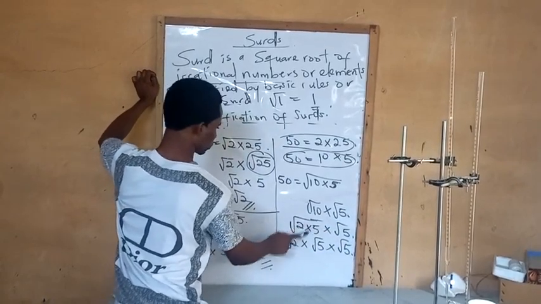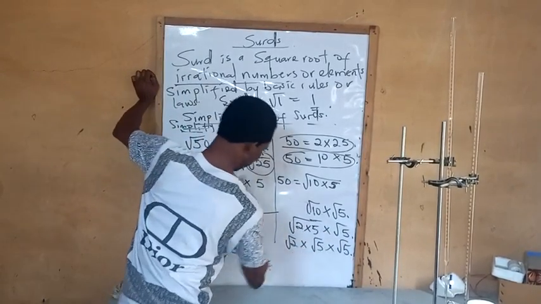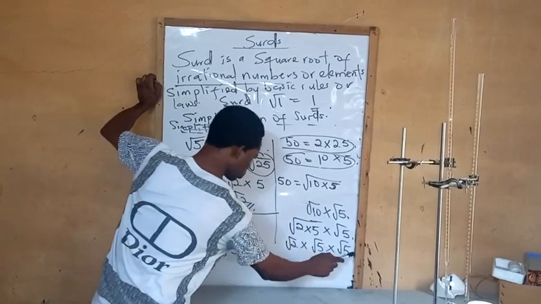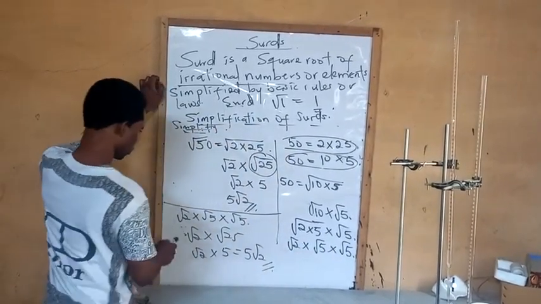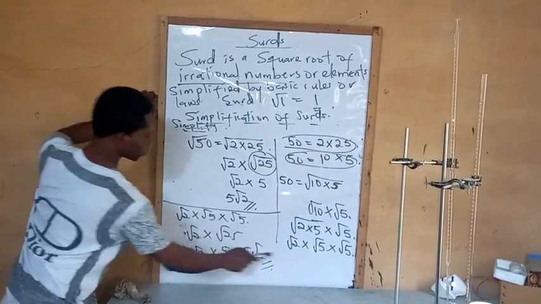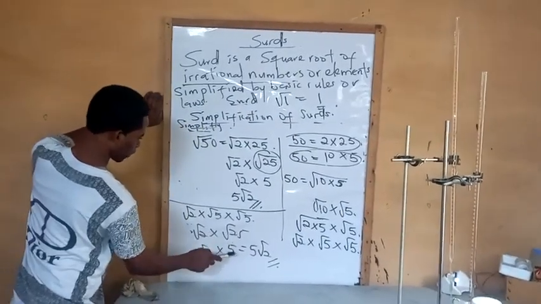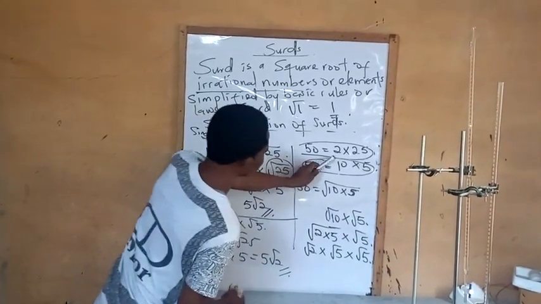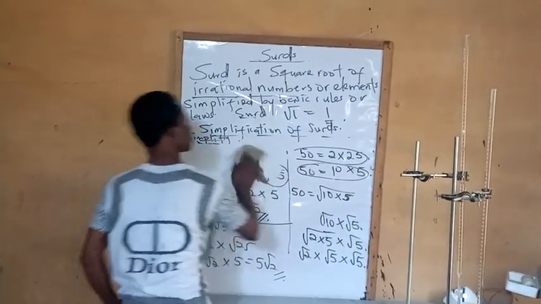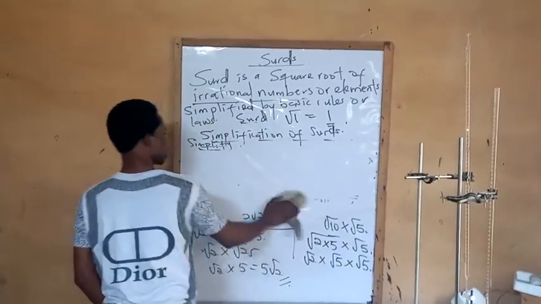Root 2 times root 5 times root 5, and root 5 times root 5 is root 25, which is 5. So 5 times root 2, that's 5 root 2. So I'll advise you to just go for the first one straight. Now let's take another one in simplification of surds.